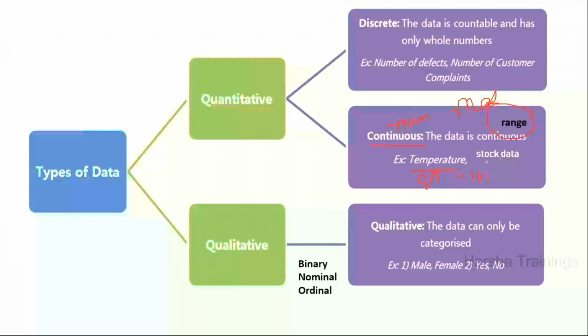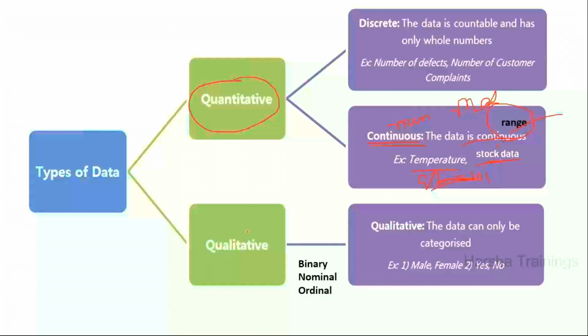If a person is above 104 or 105, he may not survive. It has a minimum and a maximum value, and the temperature always fluctuates. This kind of data is called continuous data. Stock market data is also continuous, because every second it changes its value, either to negative or positive values. Clear? Now, these two are called quantitative. Is it okay?